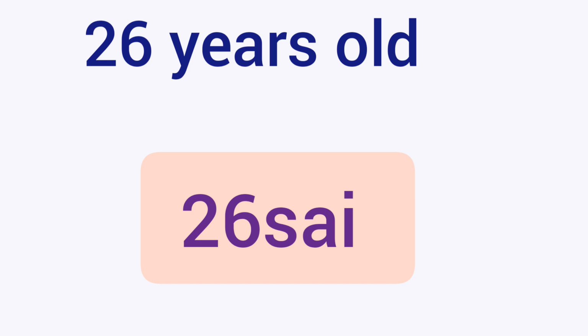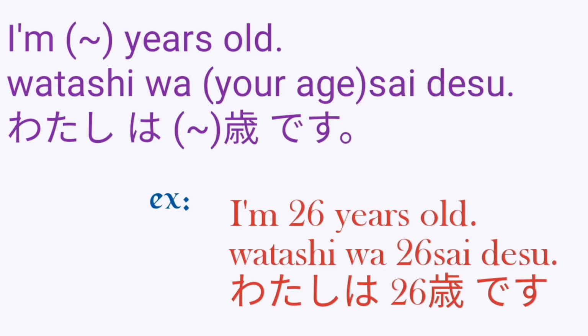Likewise, desu literally means to be. So you can simply say your age in Japanese as watashi wa, your age, sai desu.